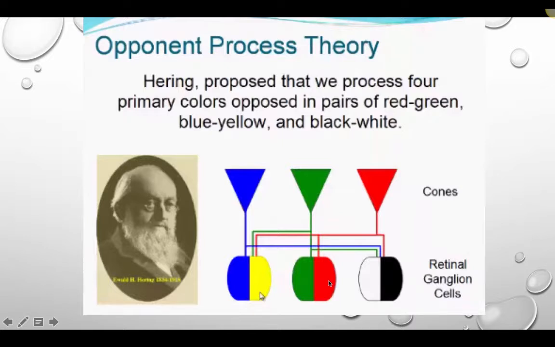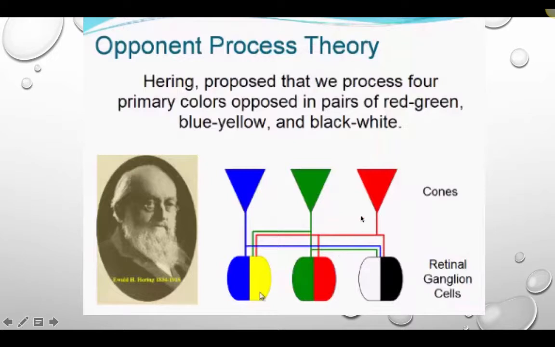Now, sensory adaptation would suggest that if we stared at that red triangle for too long, we wouldn't be able to see red and we'd see green in its place. Because in these opponent pairs, follow me here, one or the other color is going to fire.